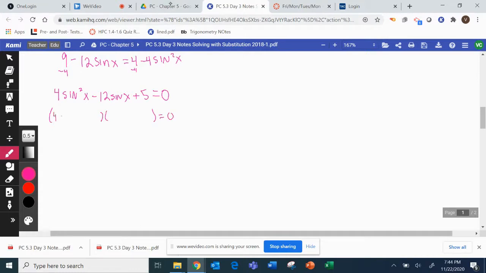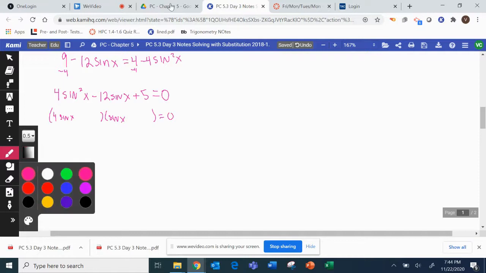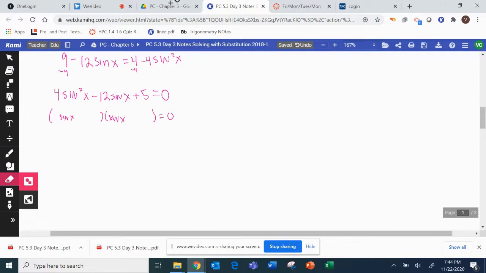Try 4 sine x and sine x. No, that's not what I'm going to try. I'm going to try 2 and 2. Two sine x and 2 sine x both have minuses.